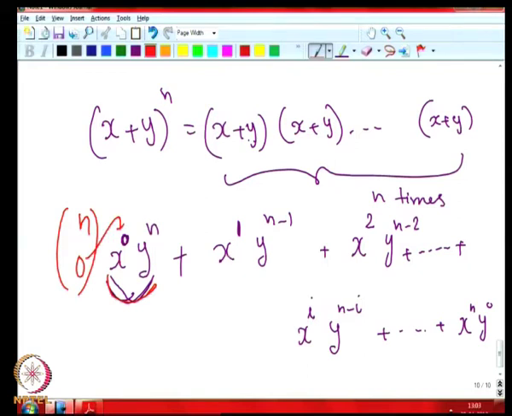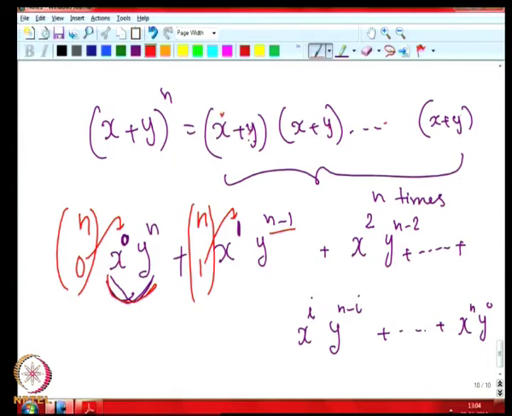Now here, x is contributed by exactly one term, and all other terms are contributing y. So out of the n terms, one term is contributing x. When you take the product, it will be like x into y into y into y and so on, that is such a term.